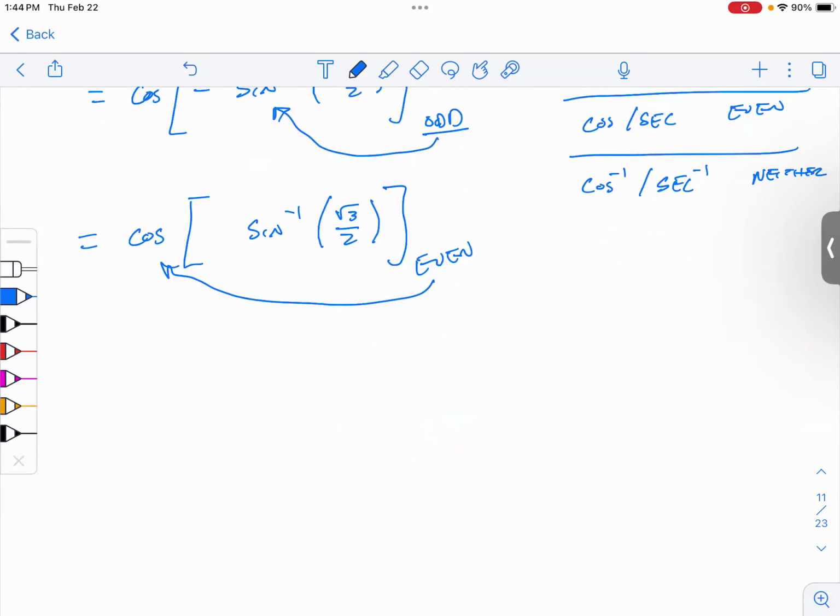Okay, so now back to: let theta equal sine inverse of root 3 over 2. And now I don't have a negative. And I'm going to take the sine of both sides.